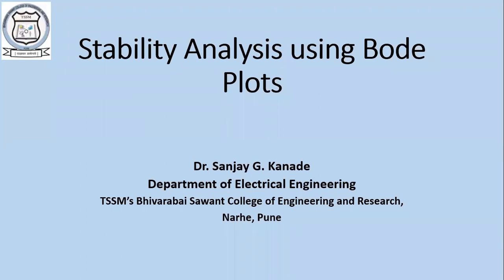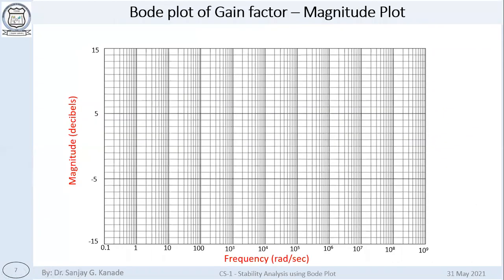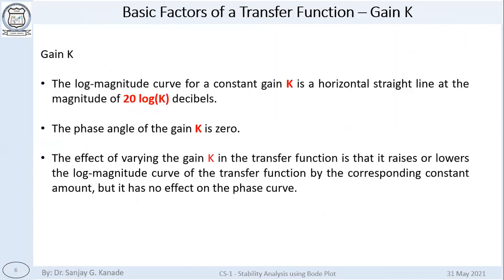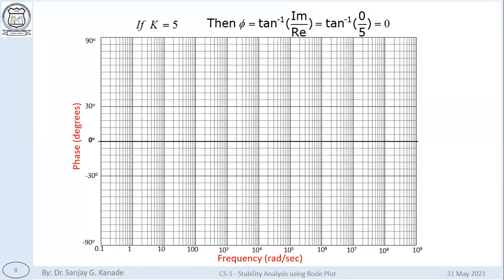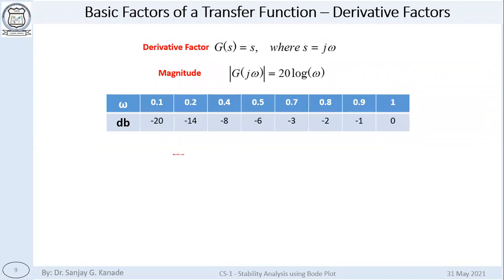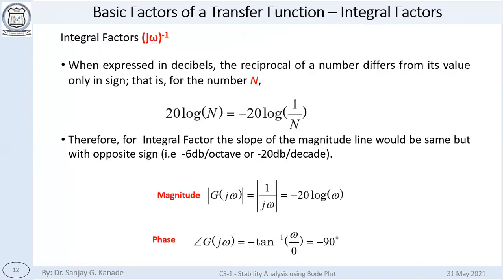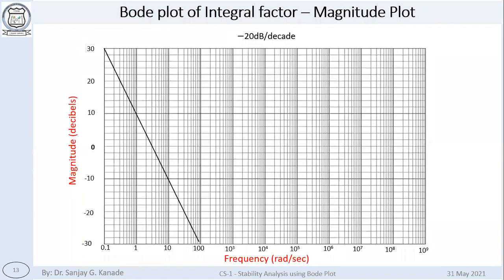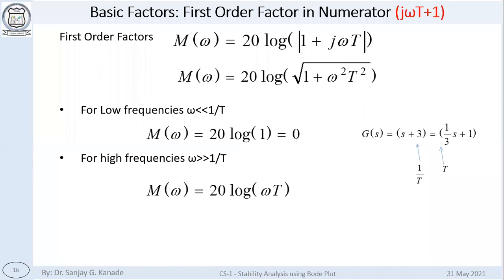We have seen some of the components already. Which components? We have seen the derivative factor, integral factor, and gain factor. Today, we are going to see one of the other most common factors in the transfer function, that is the first order factor.